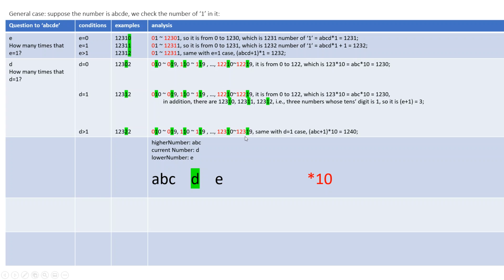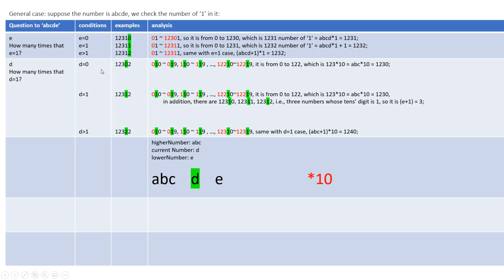So we give a brief hint here: when we want to answer this question, how many times d equals 1 actually depends on three conditions, the higher number and its lower number, right? Three conditions, higher number. One is d. As all the three conditions, we know that it depends on the higher number.